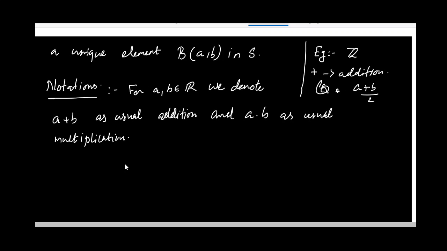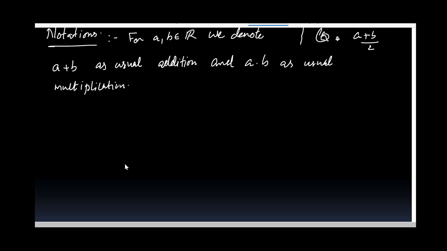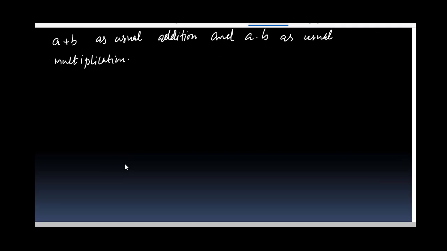So we are having addition and multiplication, and we are representing them as A plus B and A dot B.